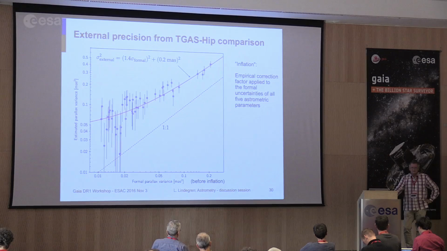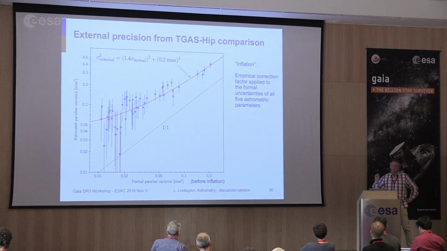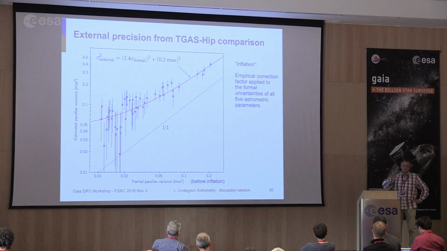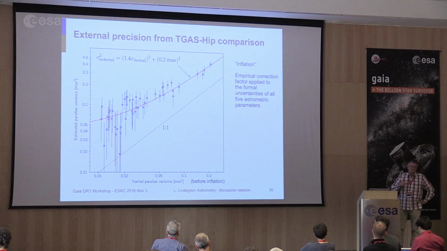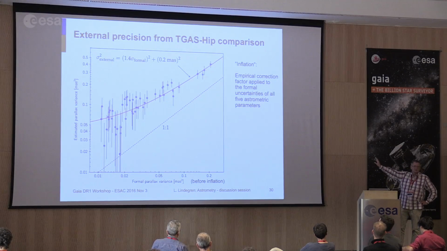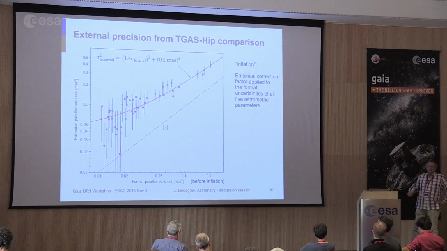And I think it is. It's just that it is not 0.3 milliarcsecond RMS, because these 0.3 milliarcsecond don't apply to more than a fraction of the sky, really. Most of the sky, it's more like 0.1 milliarcsecond or so. So what is quadratically included in the uncertainties in the catalog is not 0.3 milliarcsecond, but something more like 0.1 milliarcsecond, maybe.